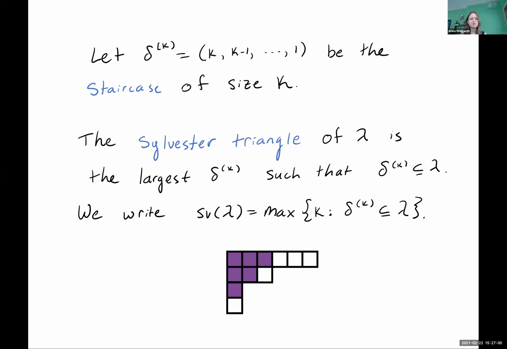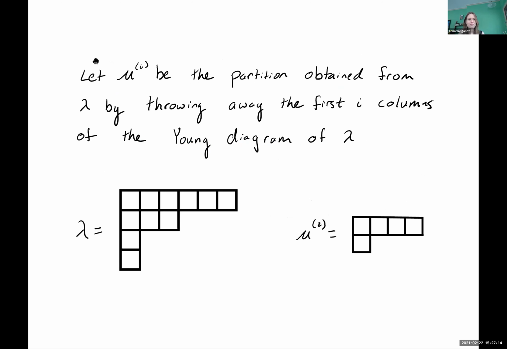For instance, in this partition 63110, the Sylvester triangle that fits inside has side length 3. So this SV of lambda would be 3 in this case. I'm also going to introduce notation mu I. Maybe it should really be mu I of lambda, but that's too much notation.